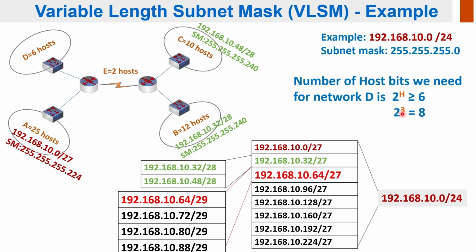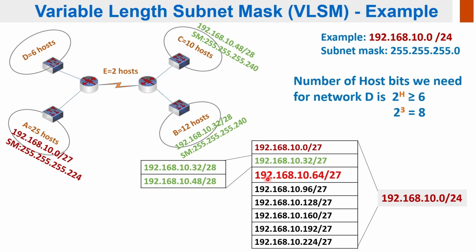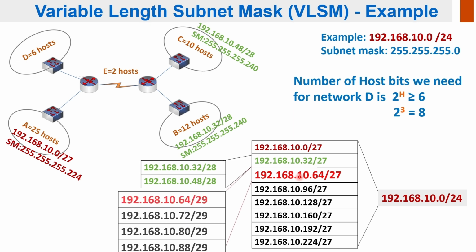So if we take 3 bits, this is our next lowest available subnetwork, which is /27, that means 5 bits for the host, but now we need only 3 bits for host. So we can borrow 5 minus 3, 2 bits for subnetworks. If we borrow 2 bits for subnetworks, then we can get 4 subnetworks.